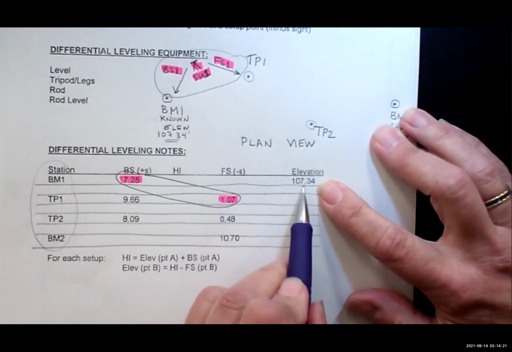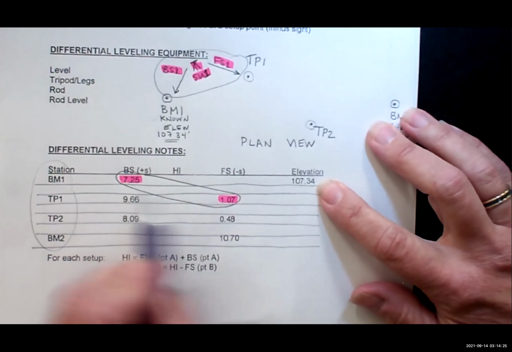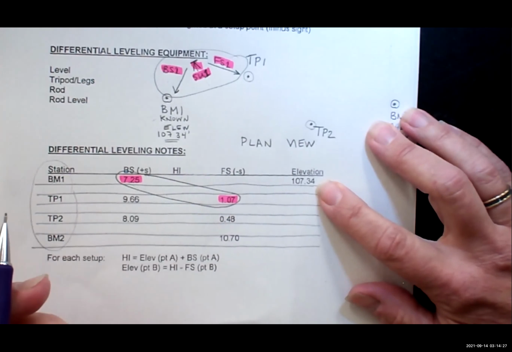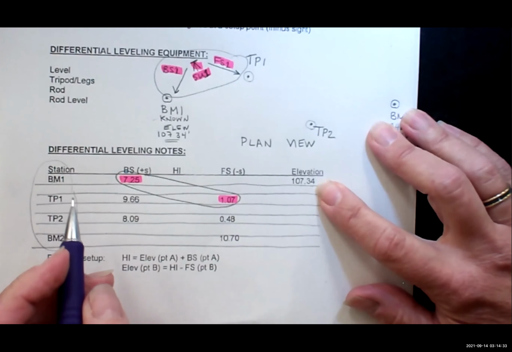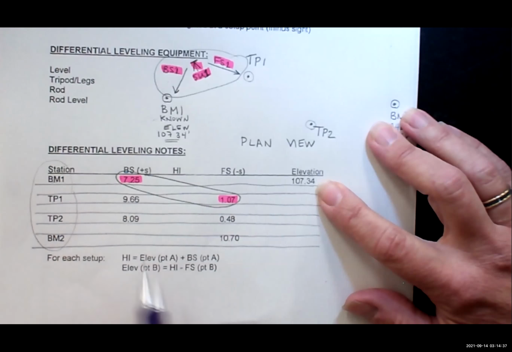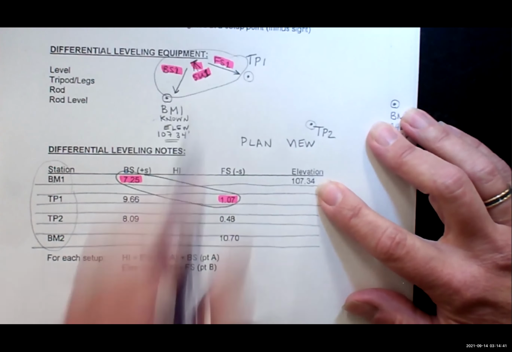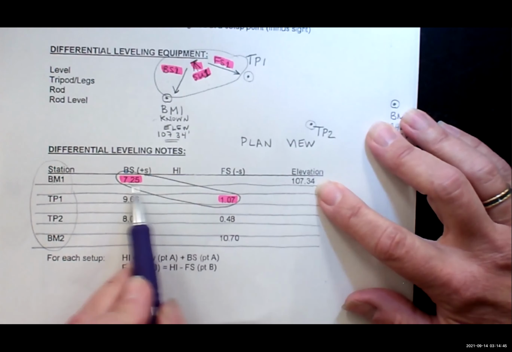If I have the elevation of benchmark 1, and I have the back sight to 1, what do I do with these two numbers? Mackenzie's not here. Laura, I add them, right? Because here's my equation down here. It says the height of instrument at that setup is the elevation 107.34 plus this. So what's that?